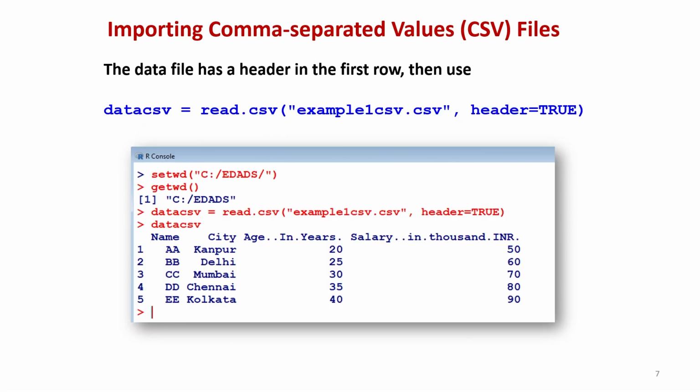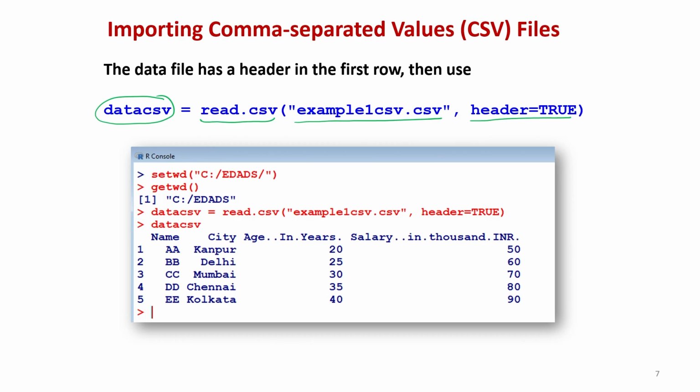Now I read this file using the command read.csv, and within double quotes inside the parenthesis I give the name of the file, example1 csv.csv. Because in the first row there is a header, I am using header is equal to TRUE, and I save this data in an R object whose name I have given as data CSV. So it is easy to remember for you.